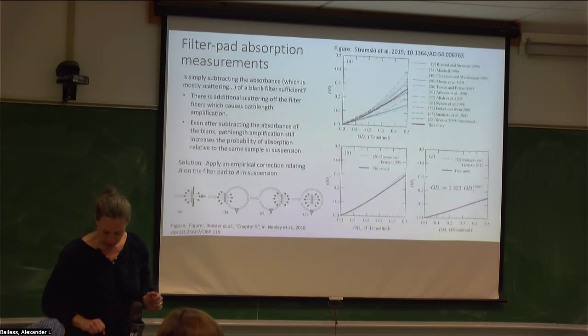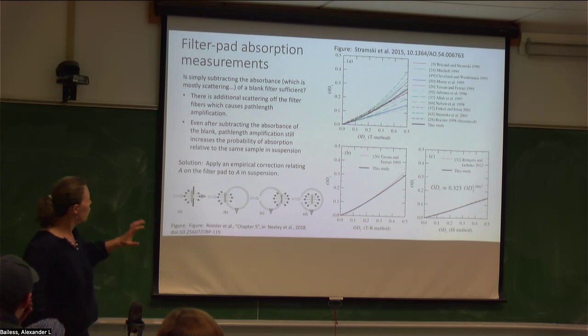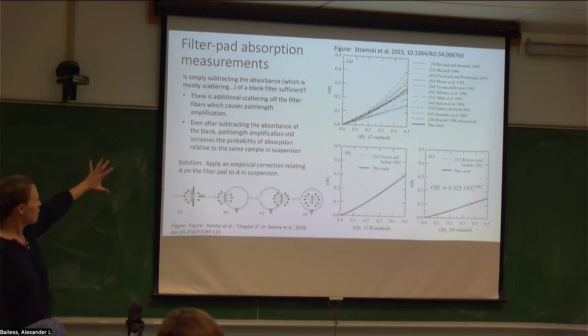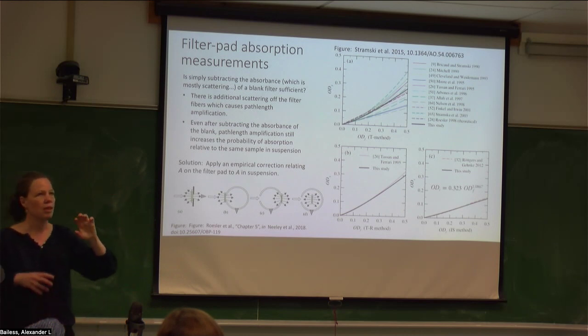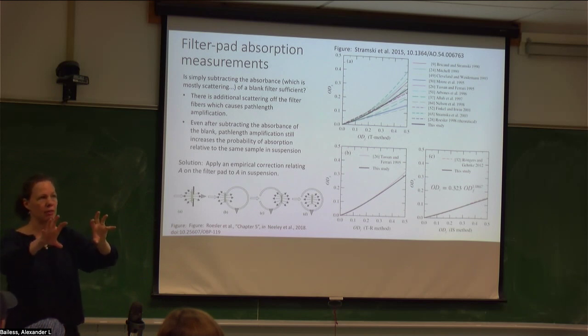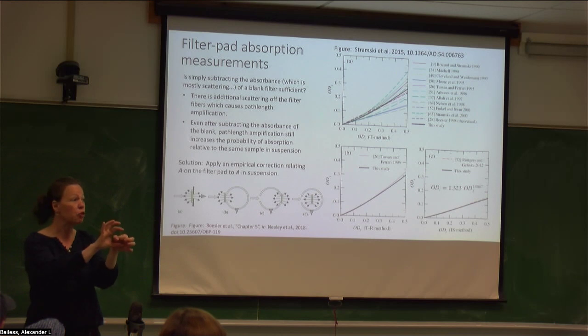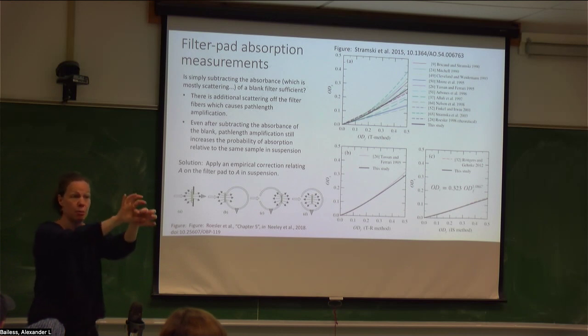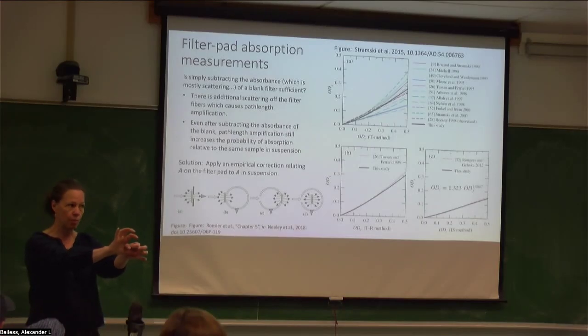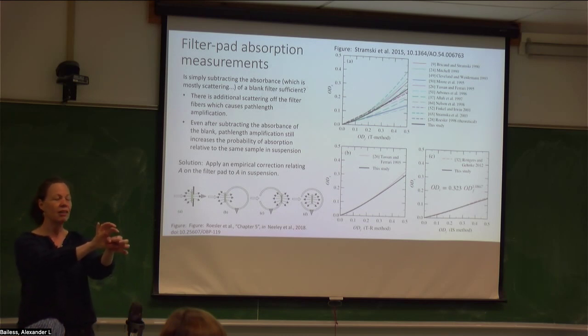The way that the field has come up with to do this is to make a bunch of paired measurements of samples that are filtered onto filter pads, and then compare them to the same sample in a cuvette. The cuvette is actually suspended in the middle of the integrating sphere, so there is no filter pad. Ideally, your sample has to not be multiply scattering in a 1 centimeter cuvette, which is usually okay.